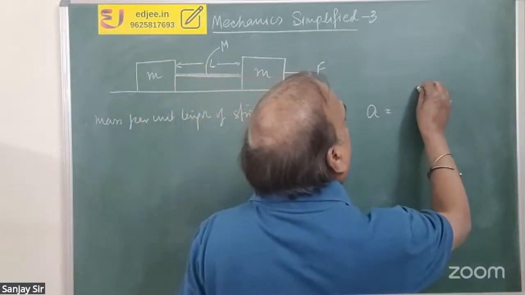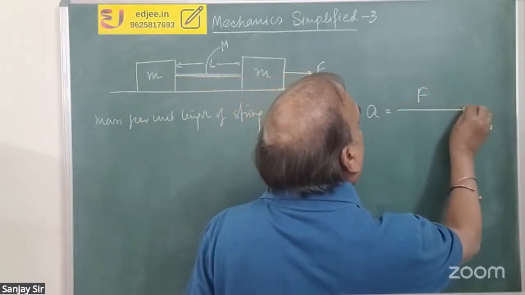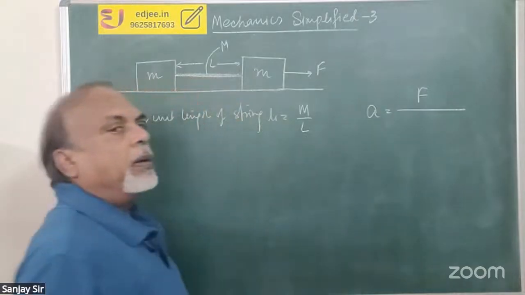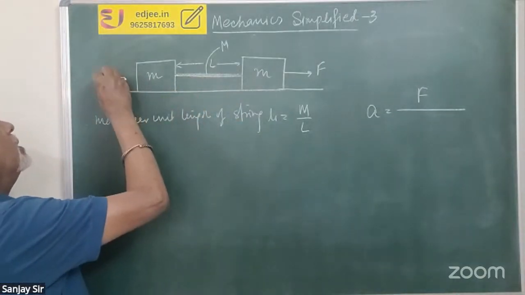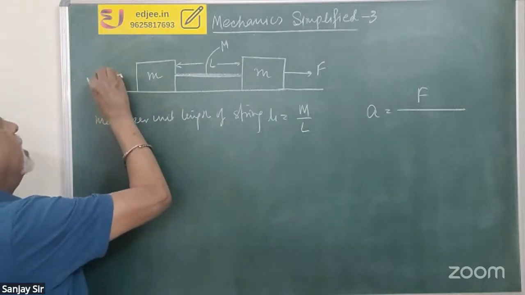F net here is F only because this surface is frictionless.